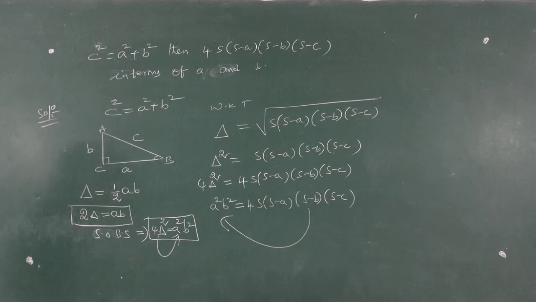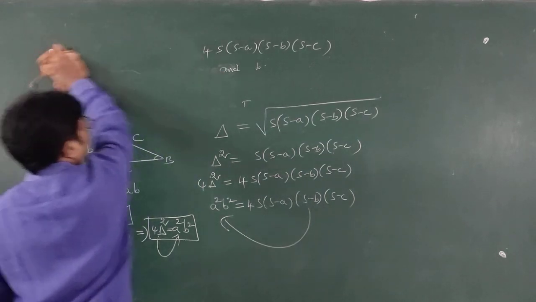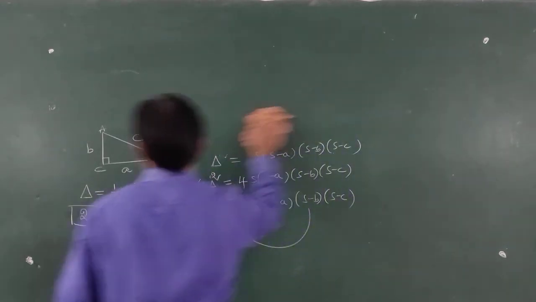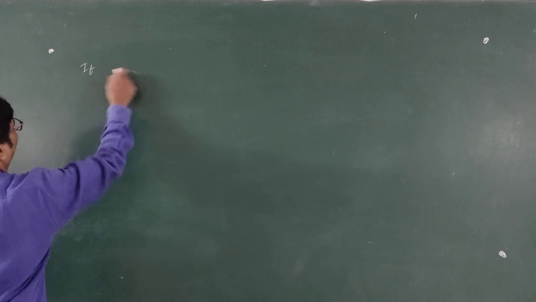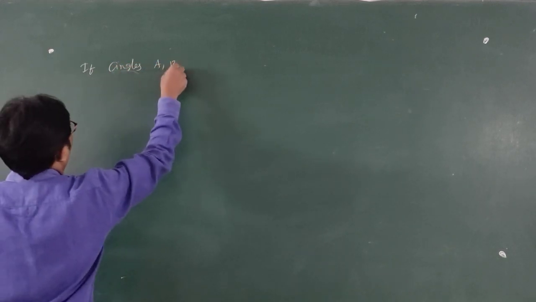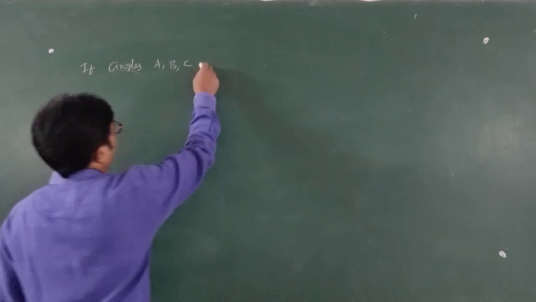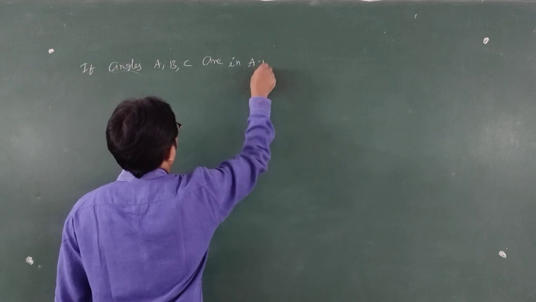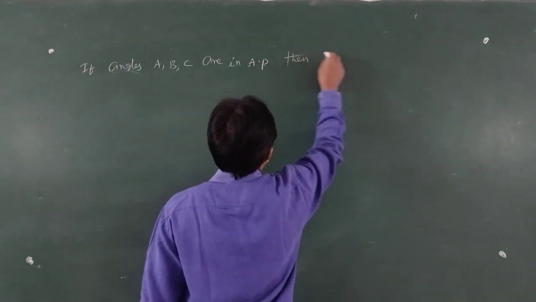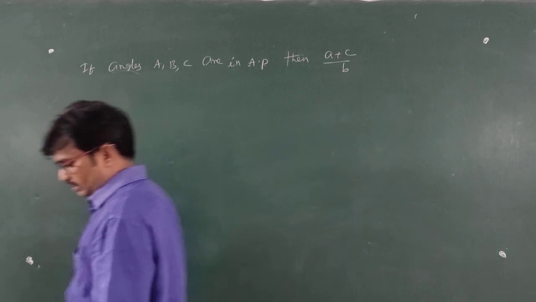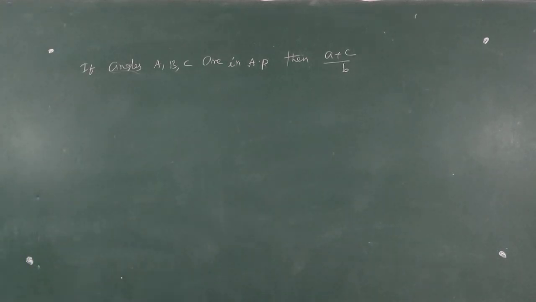Now students, I will take one more question right now. If the angles A, B, C are in AP, then the value of A plus C by B equal to, okay students.